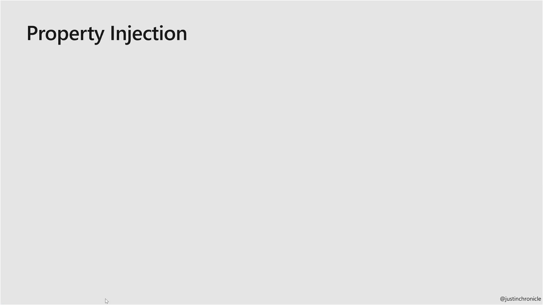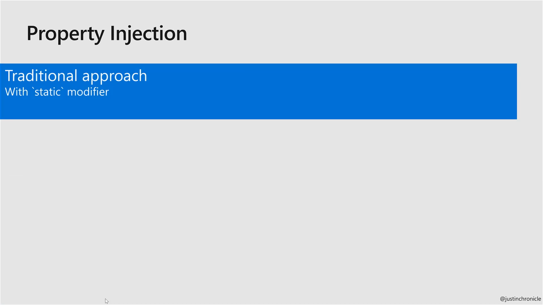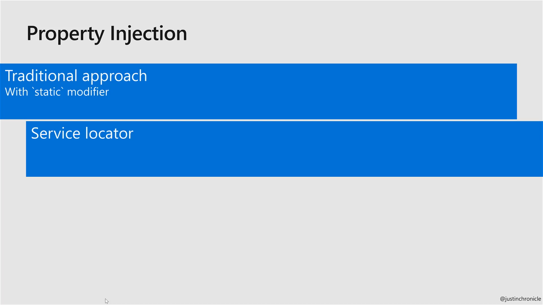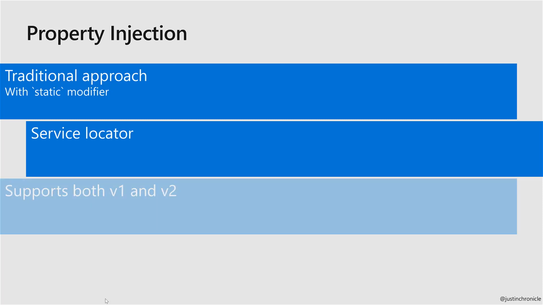So let's talk about property injection. This is the traditional or typical approach of unit testing on the Azure Function side because of the static modifier. If we want to use dependency injection, we need to use the service locator pattern. I know the service locator is kind of an anti-pattern, but there is no other choice for now.